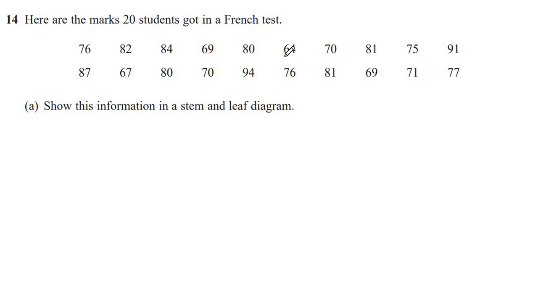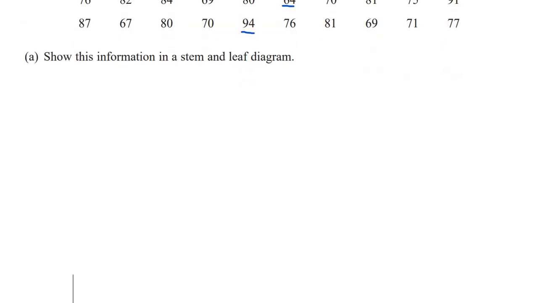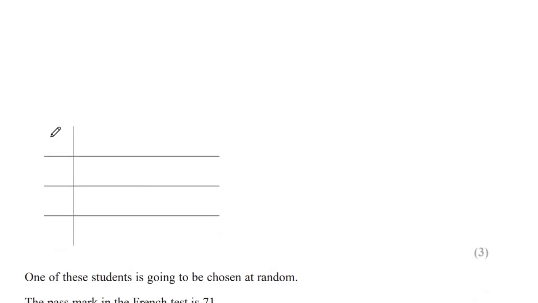Lowest number is, I think, 64. And the highest number will be, I guess, 94. Right, so the stem and leaf diagram will have to start from 6 and then 7, 8, and 9.